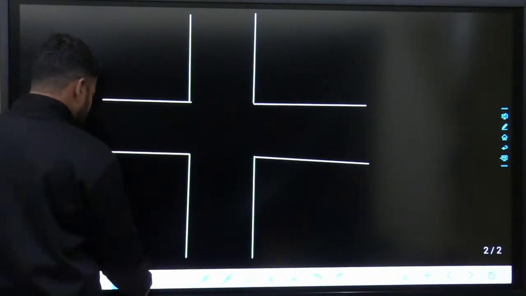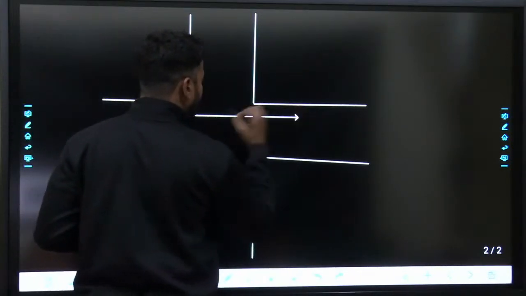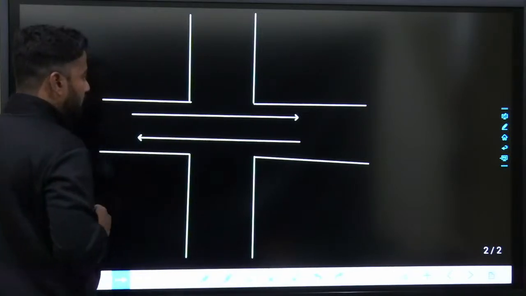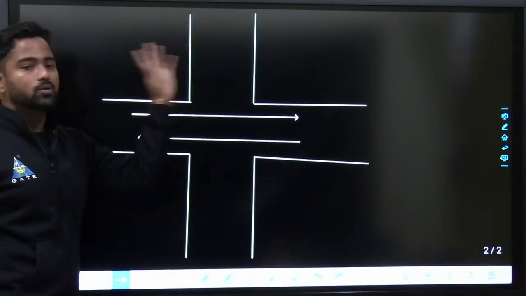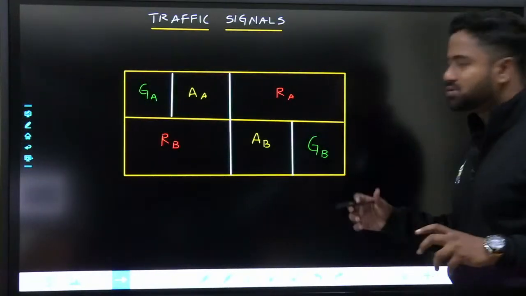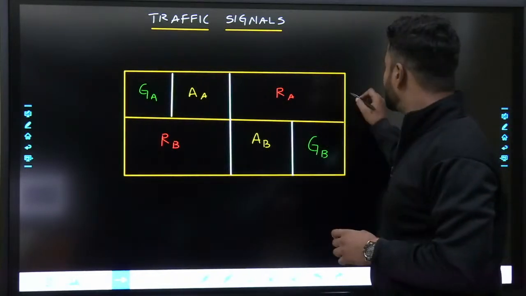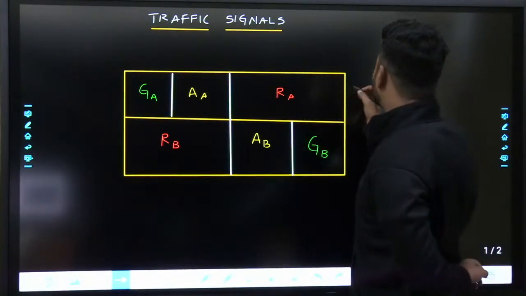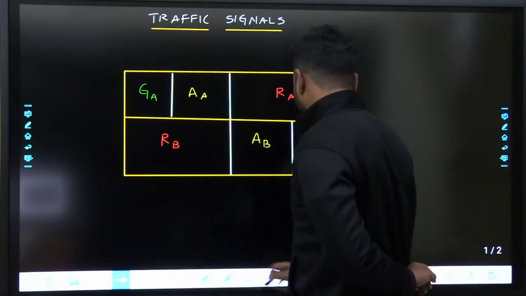A two-phase signal system means you are designing for traffic like this, right? Traffic like this, or traffic going in the other two directions. Fine. So if there are two signal systems, then in a two-phase signal system, this is one phase and this is another phase.